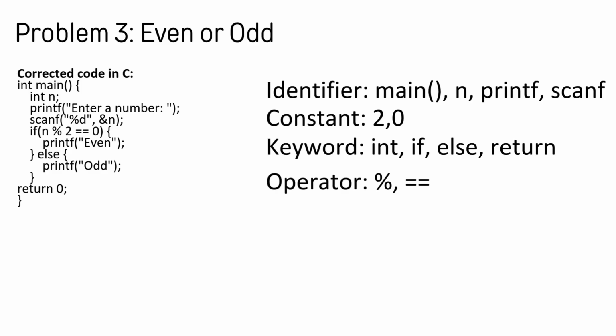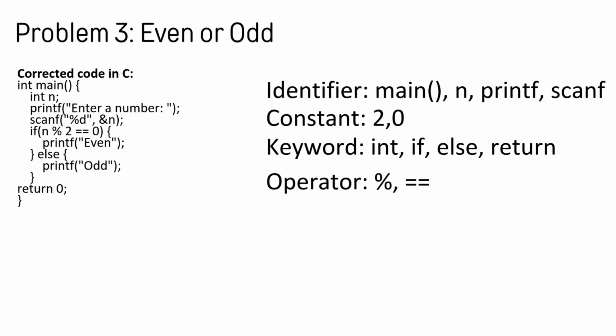After correction of the code, we will try to understand what types of tokens are used in that program. In the first line, int is actually a keyword, and any keyword we cannot use as an identifier. Main is a function name, so a function name is an identifier.